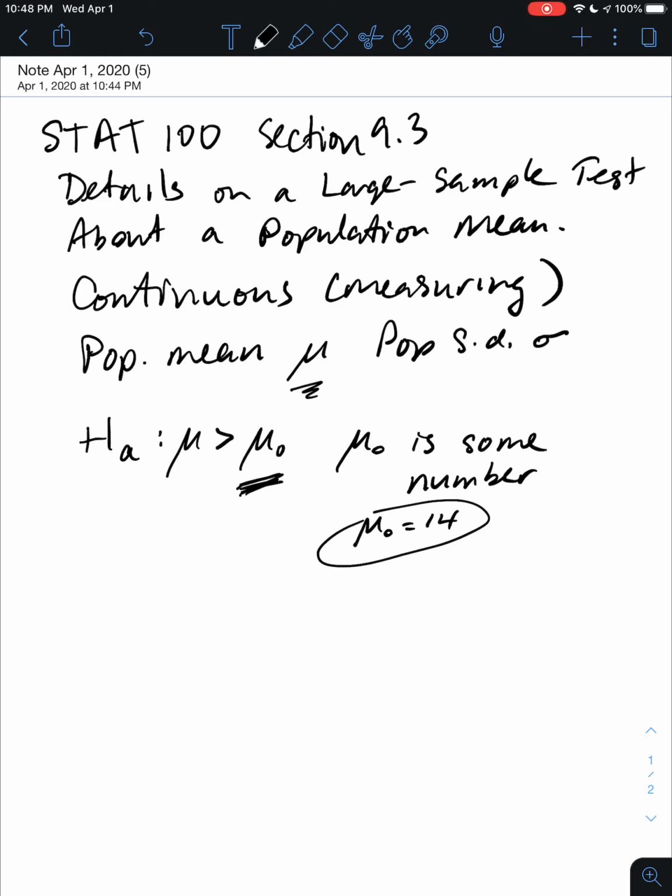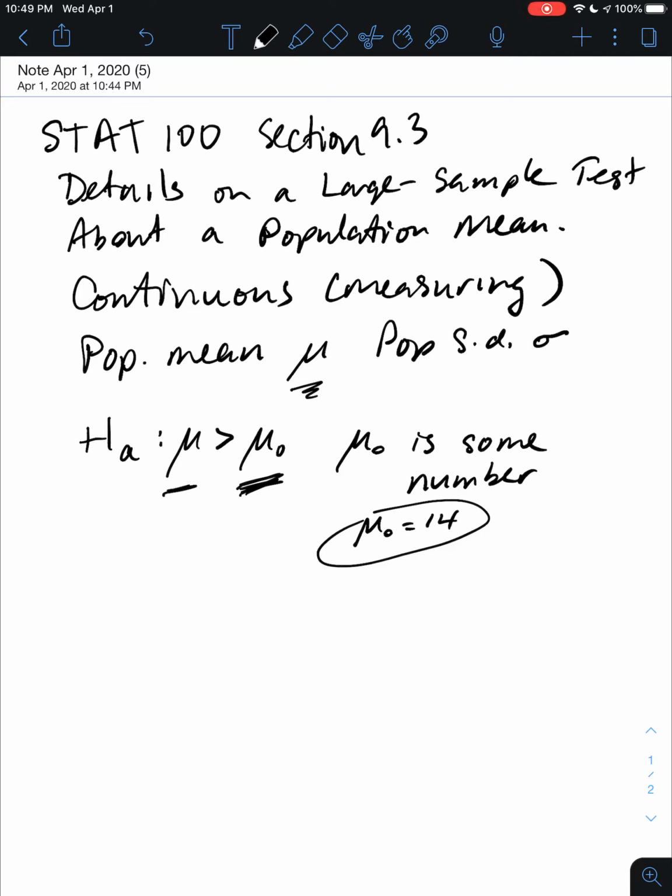This is just communication. On the other hand, mu is an unknown to us, so it's really a variable. It's something we're going to try to infer information about, but as far as we're concerned, it's a variable. But mu sub 0 is a fixed value.